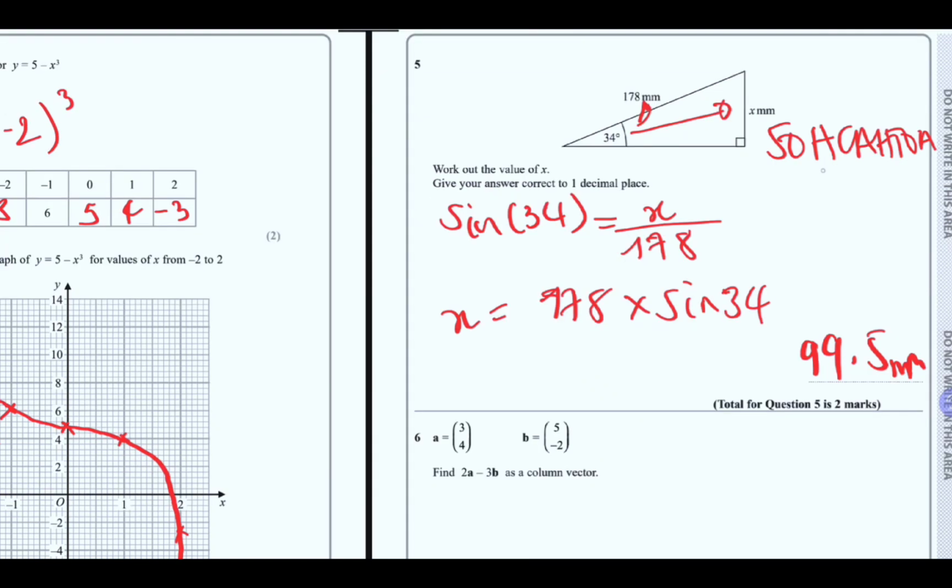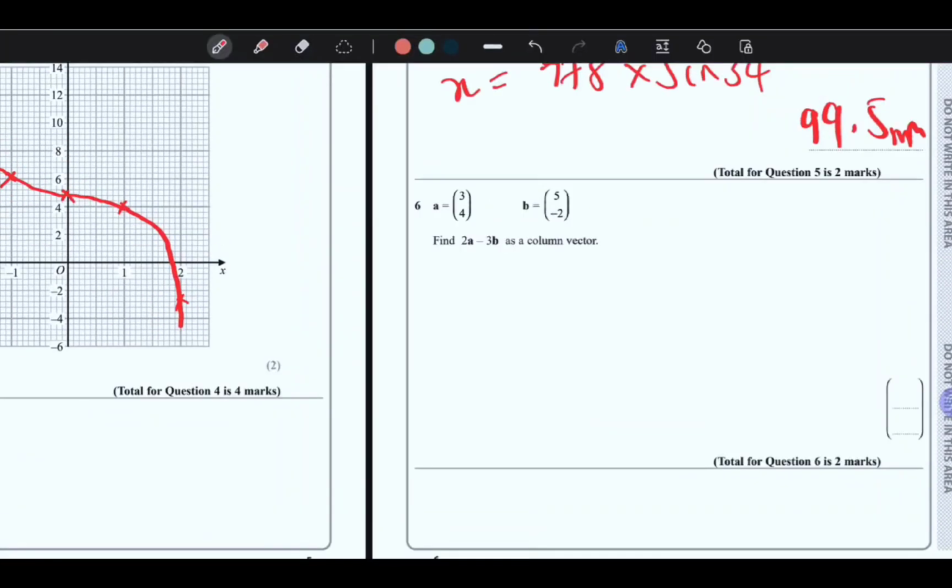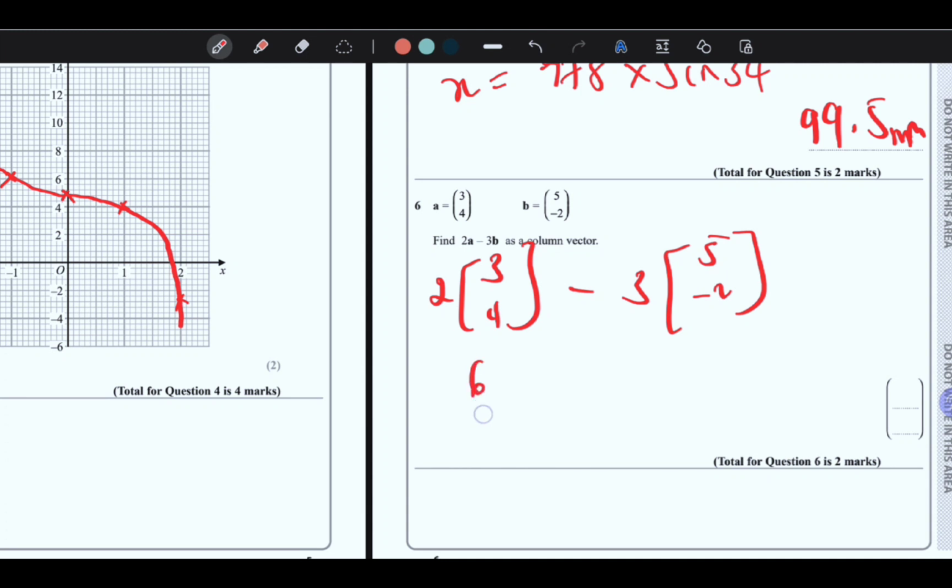Question number 6. A is 3/4 and B is that. They say find 2A minus 3B as a column vector. So you're just going to have to multiply 2 by A, which is super easy. Take away 3 times B, 3 times 5, -2. Okay, then this would be 2 times 3, which is 6, 8.